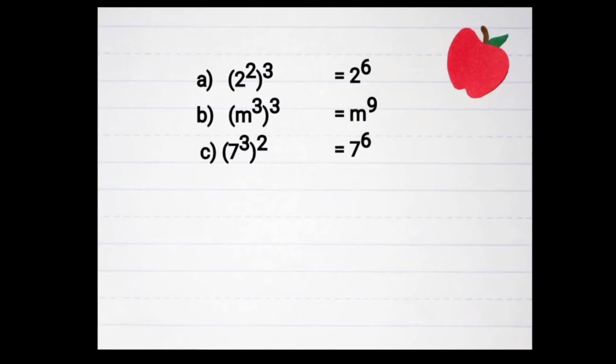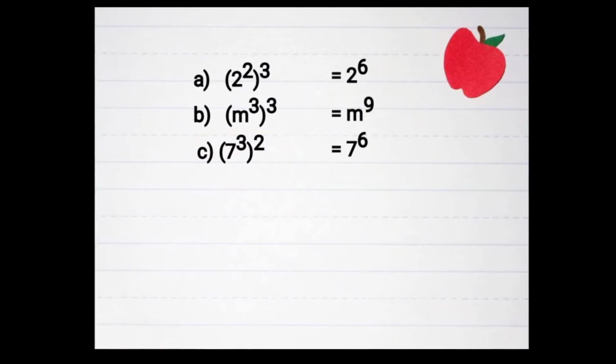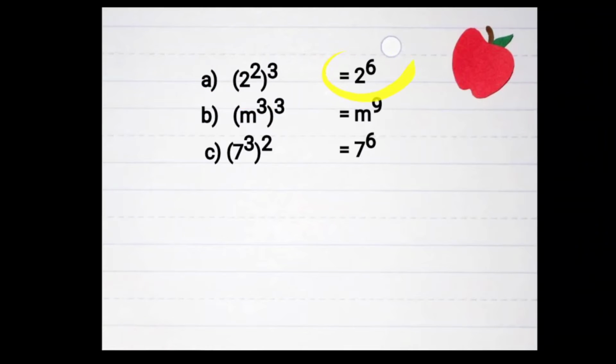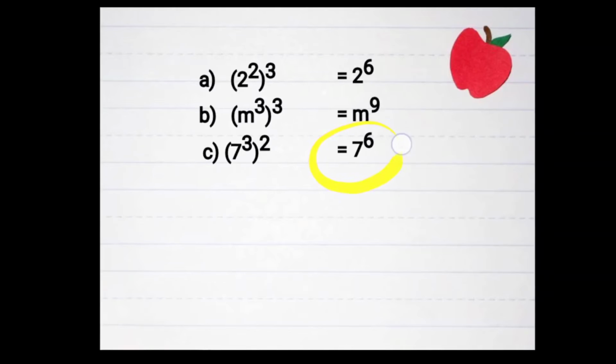Then the quantity of m cubed, cubed. Then the quantity of 7 cubed, squared. Okay? So what are you going to do? As you can see, the answer for letter A is 2 raised to the 6th power. On the other hand, for letter B, we have m to the 9th power. And for letter C, we have 7 to the 6th power.